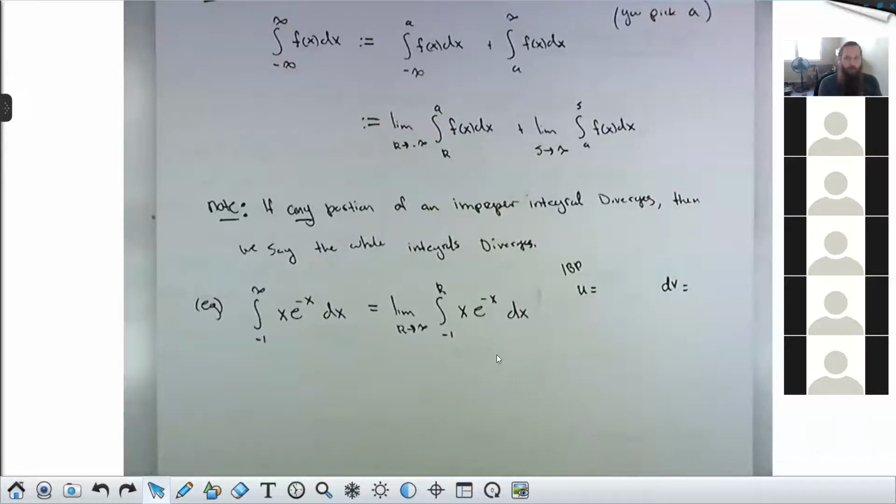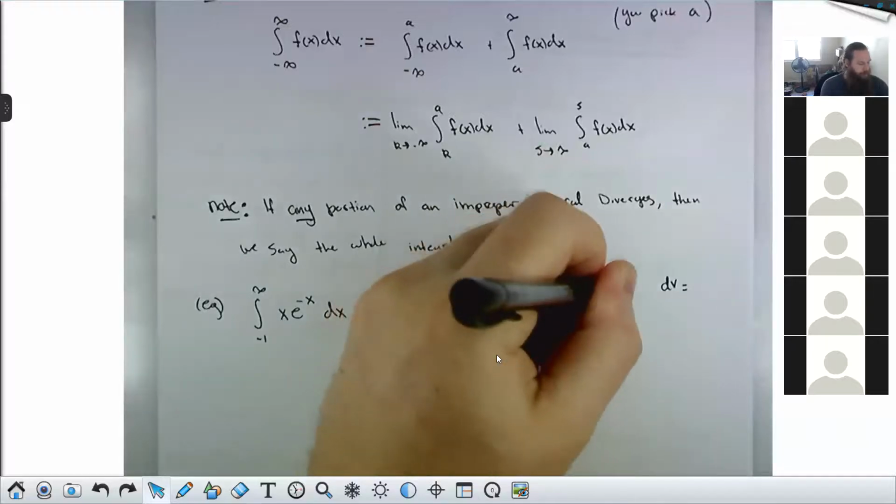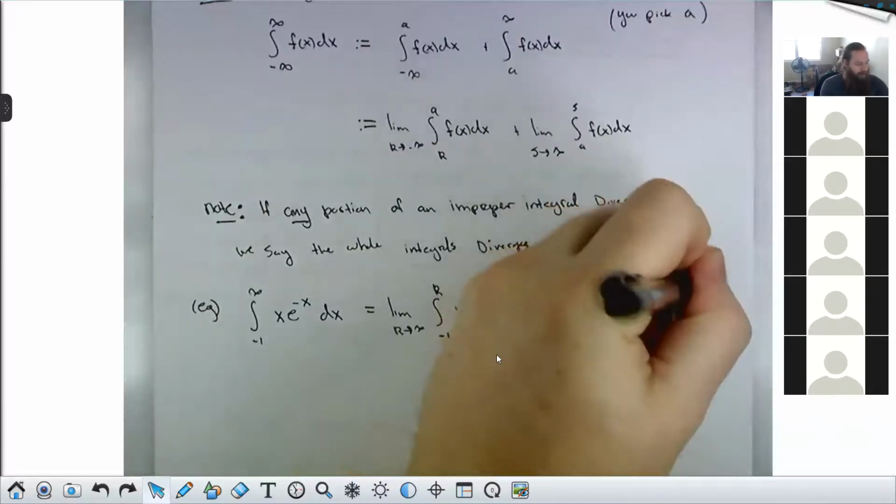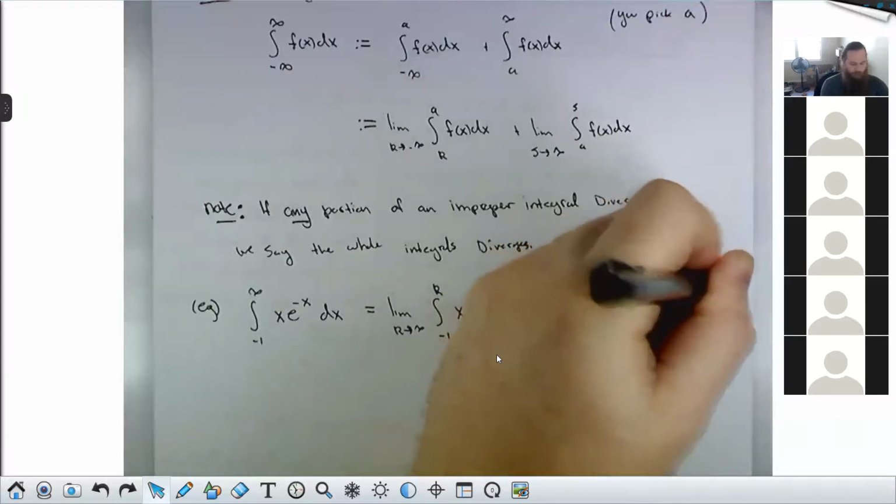So to begin the IBP, I have to pick u and dv. If I follow my LIPET rule, I don't see any logs, don't see any inverse functions. I do see a polynomial function. This x right here is a polynomial function. So u is x, and that means dv has to be everything else, e to the negative x dx.